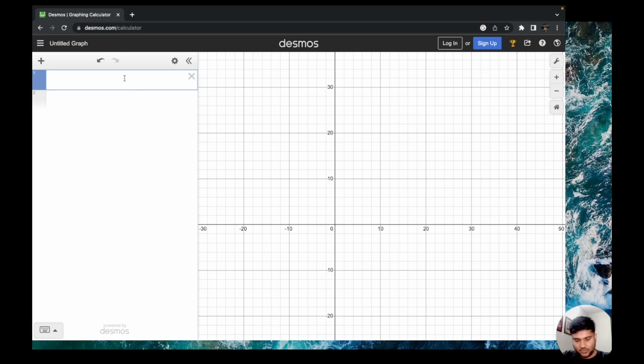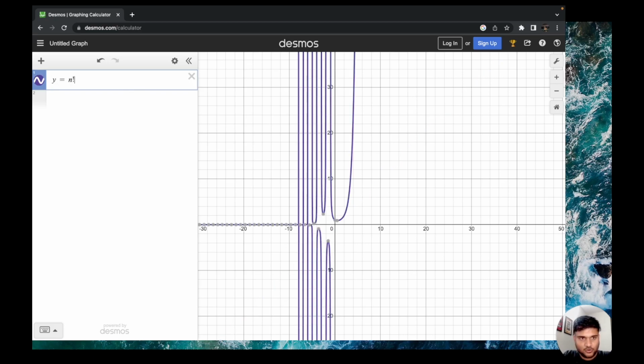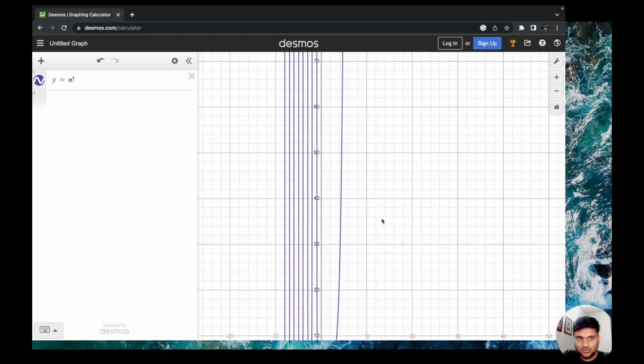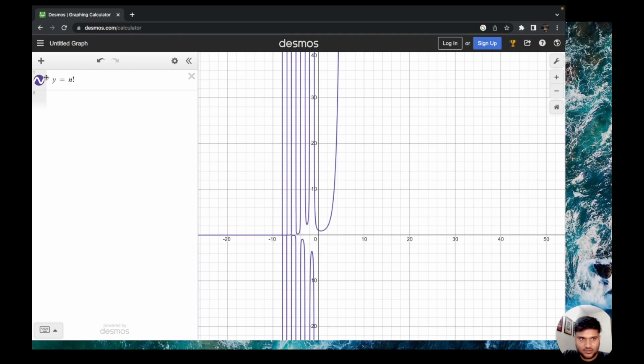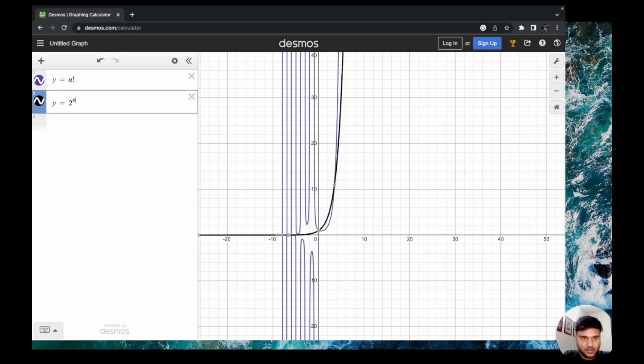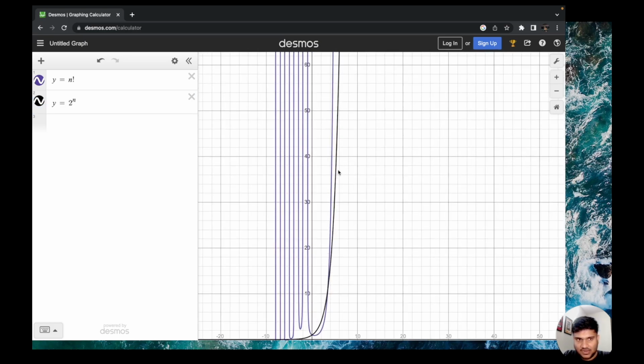So let's start plotting. You can have something like y is equal to n factorial. See, n factorial is almost parallel to the y axis only. Then there is y is equal to 2 raised to the power n. This black line is y is equal to 2 raised to the power n.